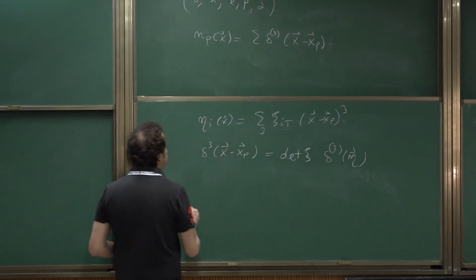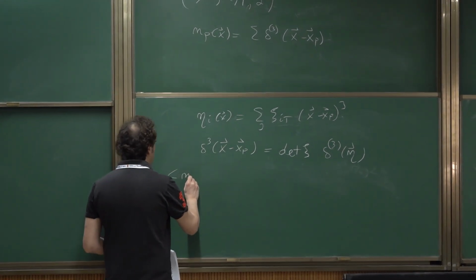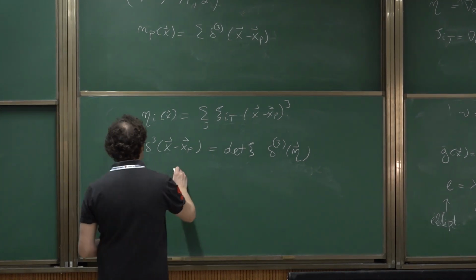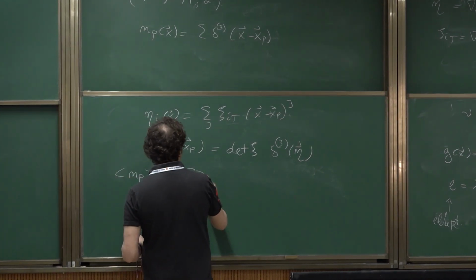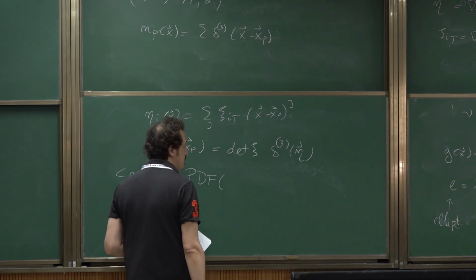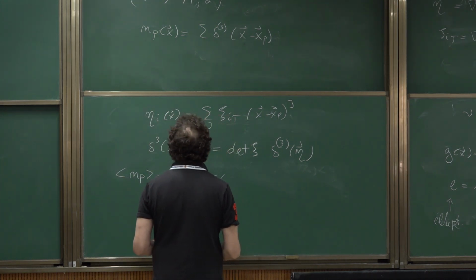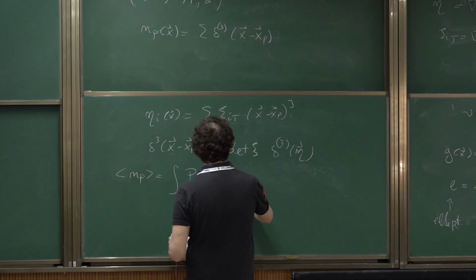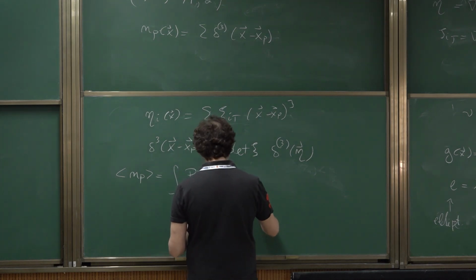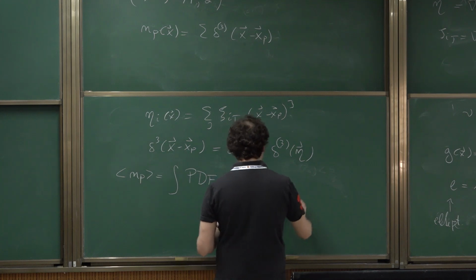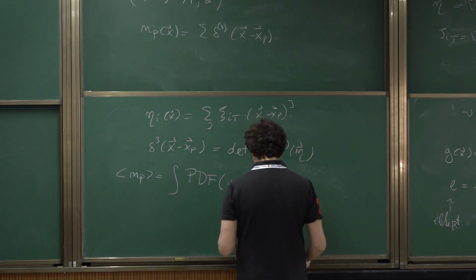Now, what we are interested in is the mean value of the peak. The mean value of the peak is nothing else than the integral of the PDF, this multi-Gaussian I wrote before, that depends on nu, x, e, p, and alpha, and then mp.